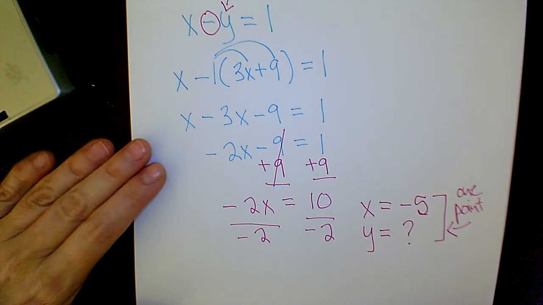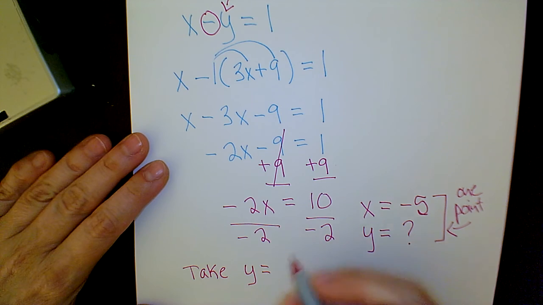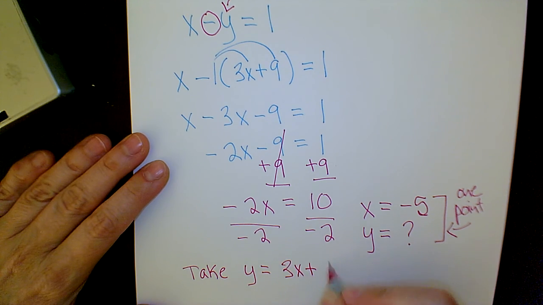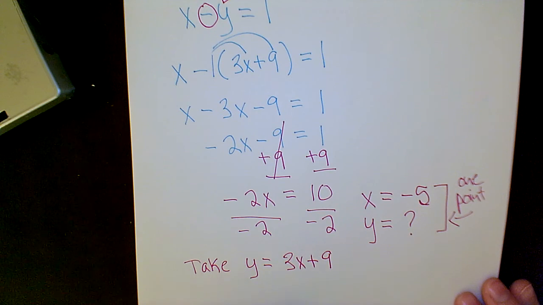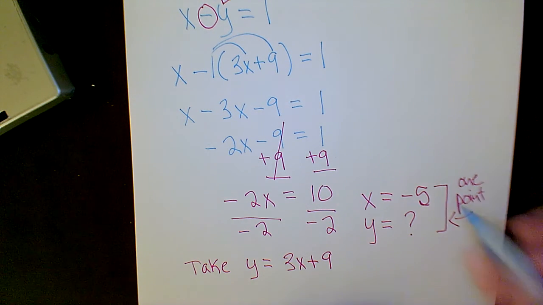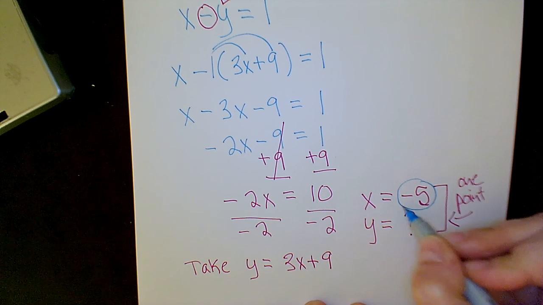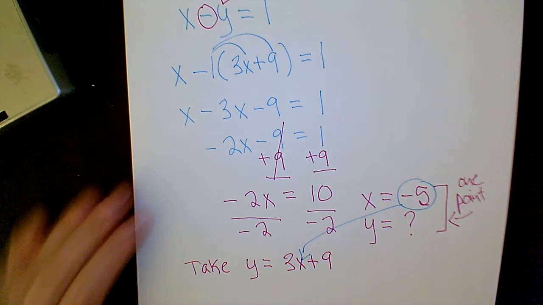So you know what? It doesn't matter whichever one you want to do. I'm going to take this. This was my first equation, and I know x is -5, so I'm going to plug that right in there and get my answer.